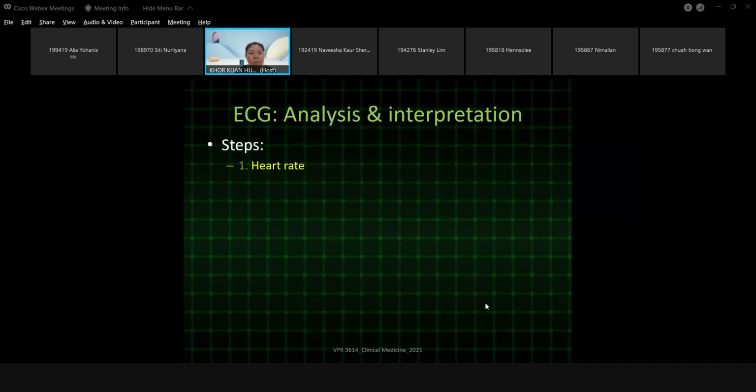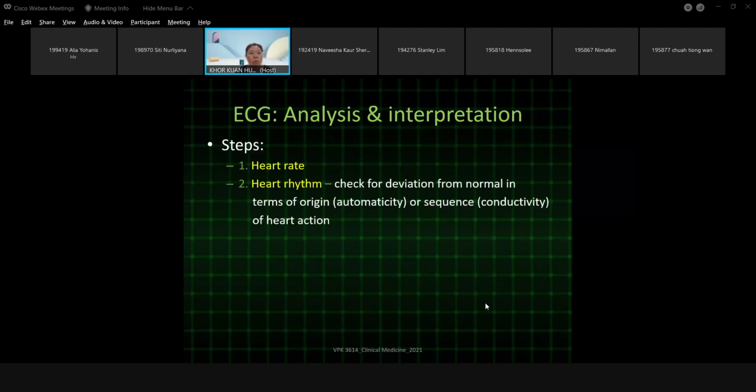All right. So when you perform an ECG analysis and interpretation, the first thing you want to know is the heart rate. What is the other way of knowing the heart rate besides ECG? How do we get heart rates? I know you haven't come back, you don't have your stethoscope. How will you get to know the heart rate besides using ECG?